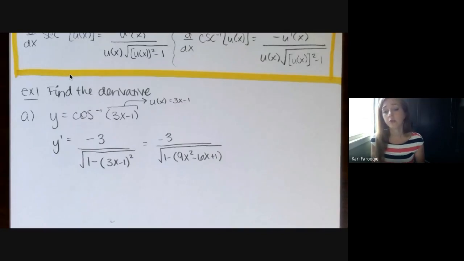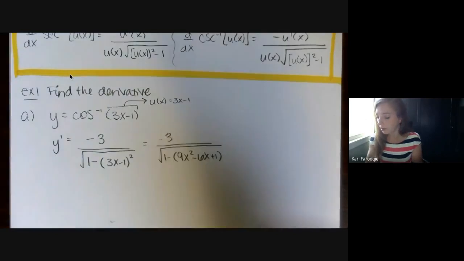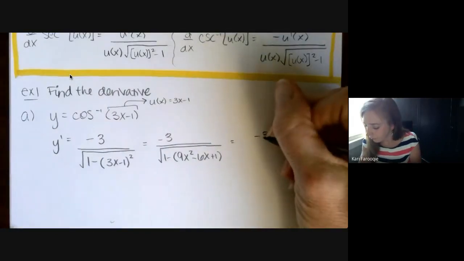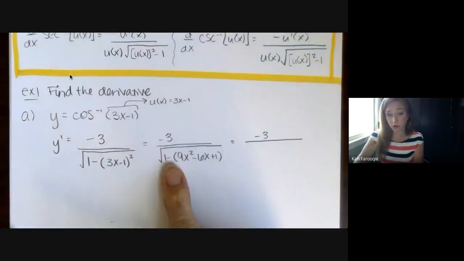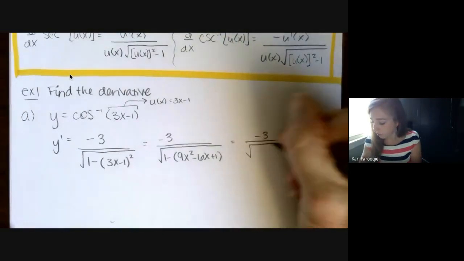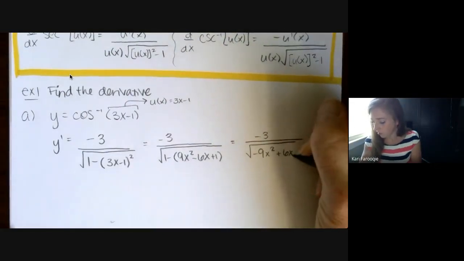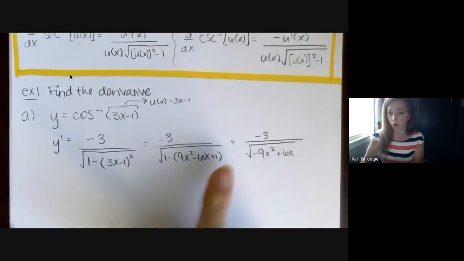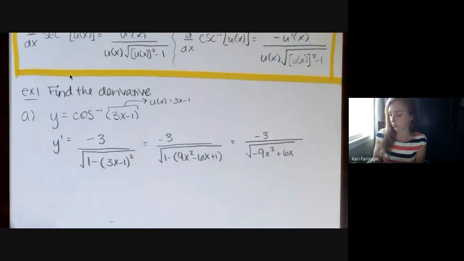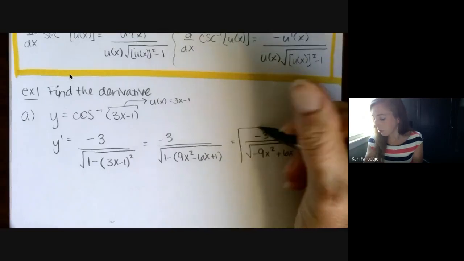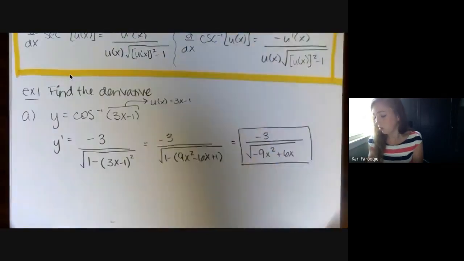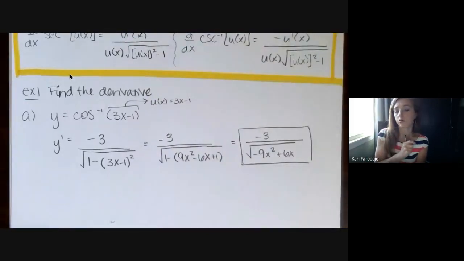And then just take 1 and subtract that off. So when you do that, when you distribute the negative, you'll get the square root of negative 9x squared plus 6x. And the 1 minus 1 will cancel. So those will be additive inverses. And you will be done at this point simplifying the derivative.